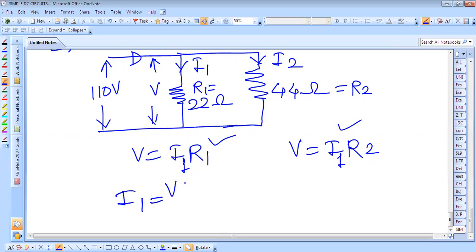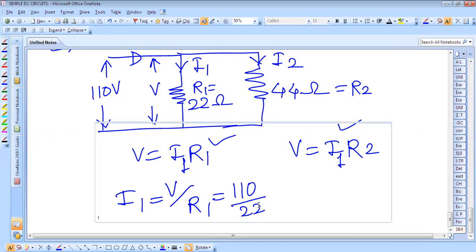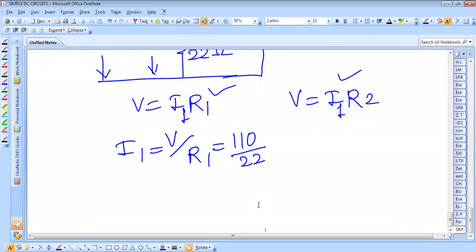I1 is equal to V upon R1, which is 110 divided by 22, so it is 5 ampere.